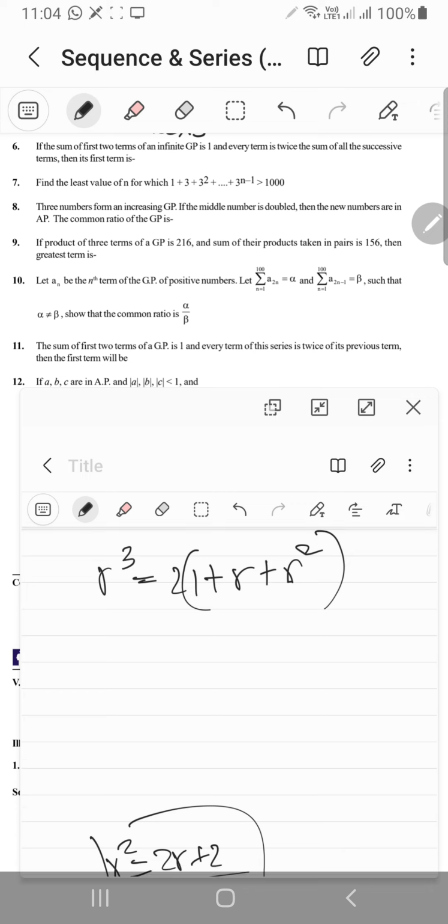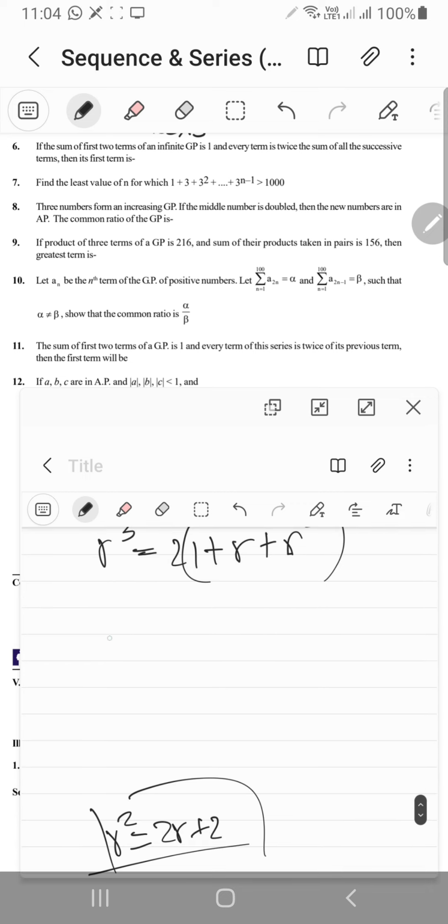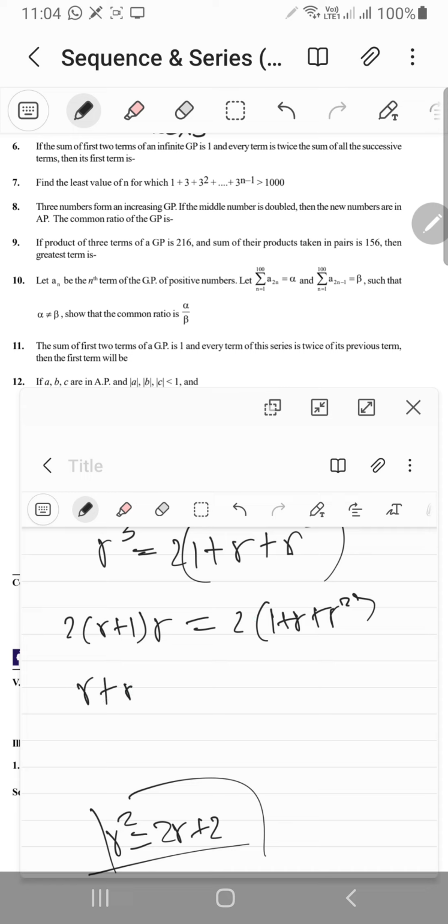Yeah, so putting r cube as r squared times r, you just get 2 times of r plus 1 into r. That thing is 2 times of 1 plus r squared, and that is just r plus r squared is 1 plus r squared. That makes no sense at all.